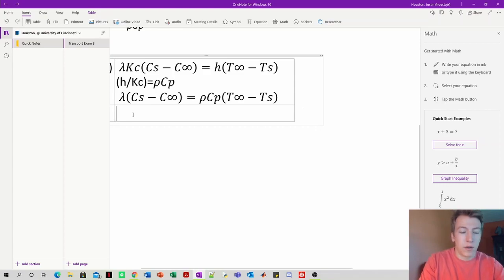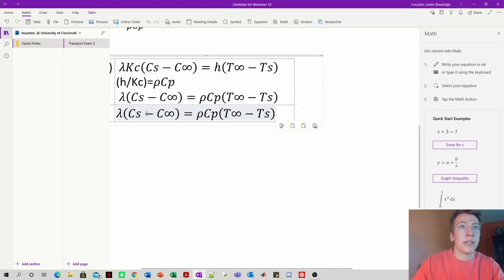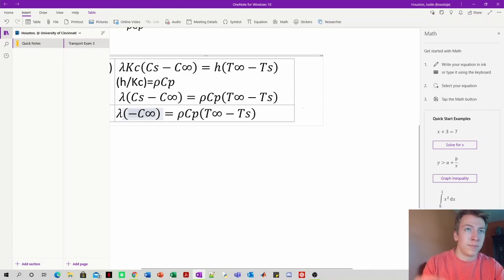So continuing on, we will still have basically the same formula, but a few things will change here. We can change these concentration values to the partial pressure.